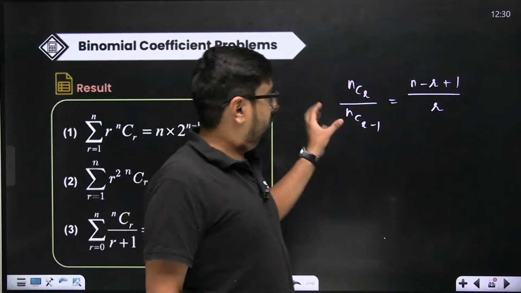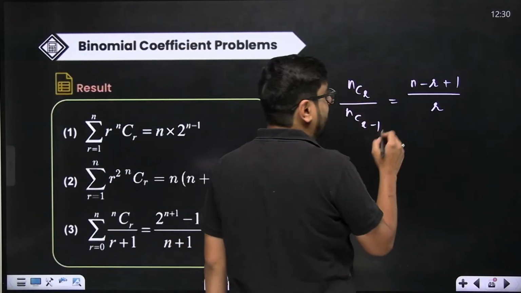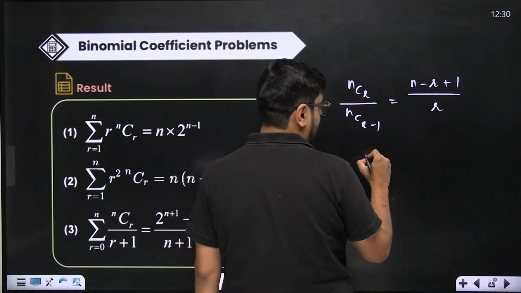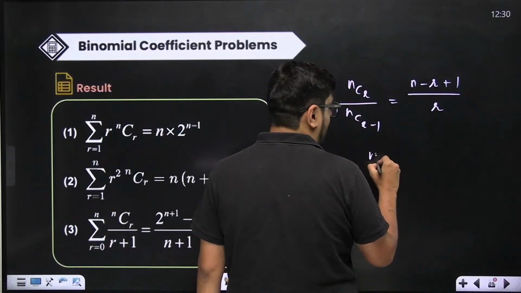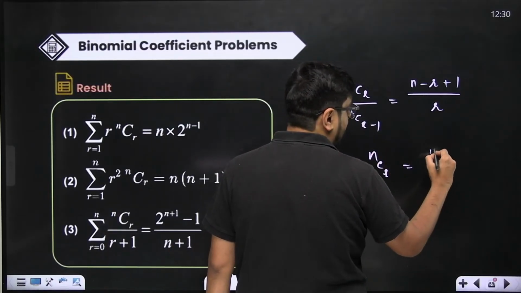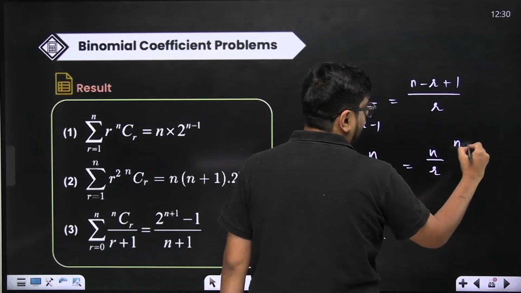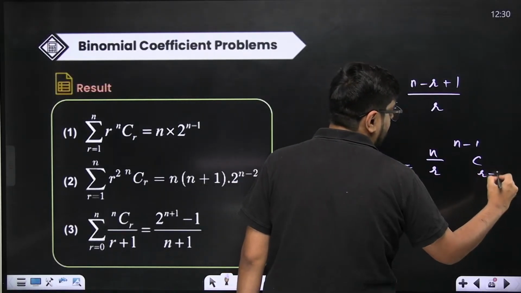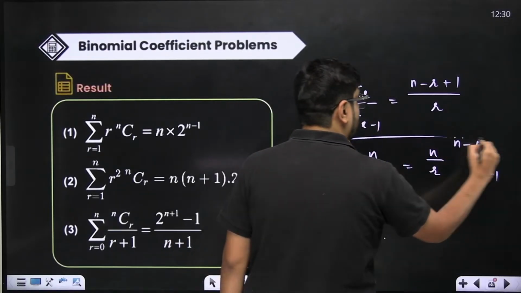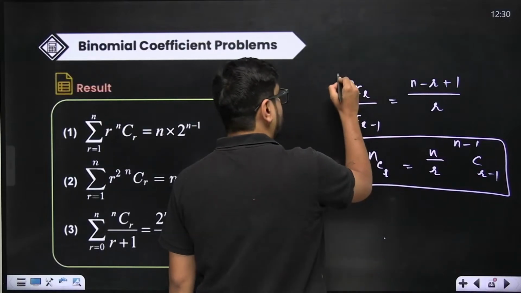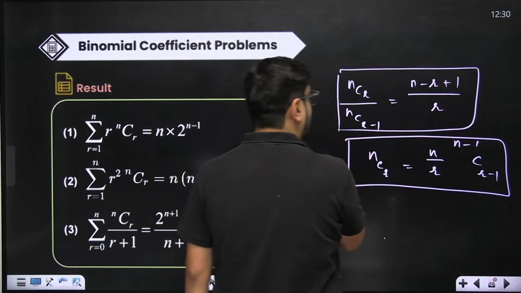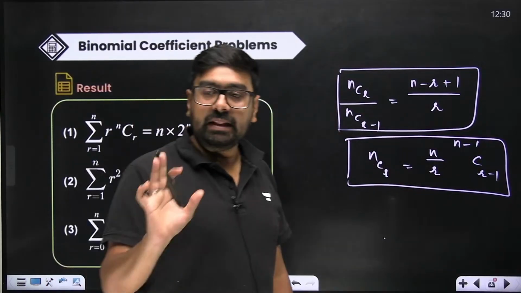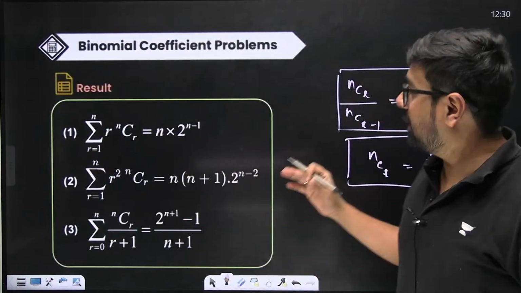One more very important and applicable everywhere is this one: nCr can be written as n by r times n minus 1 C r minus 1. These two things are frequently used in the questions, so remember them, keep them handy.